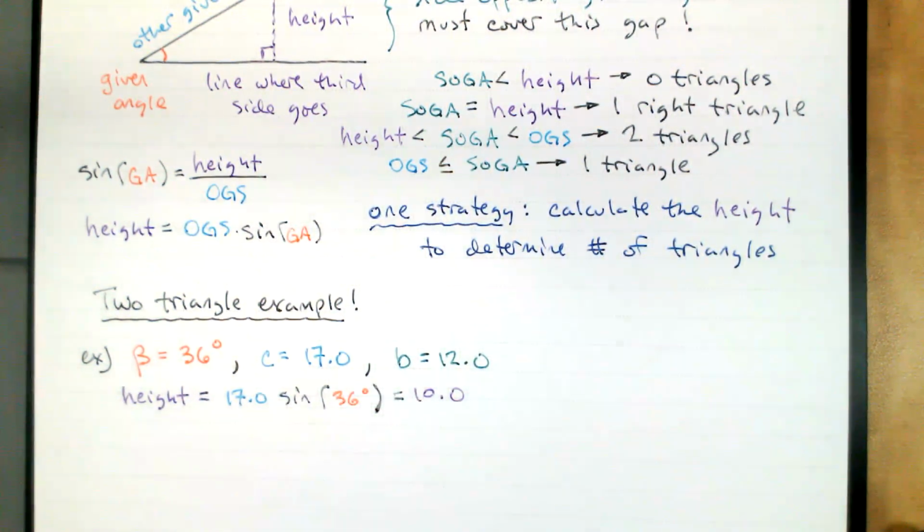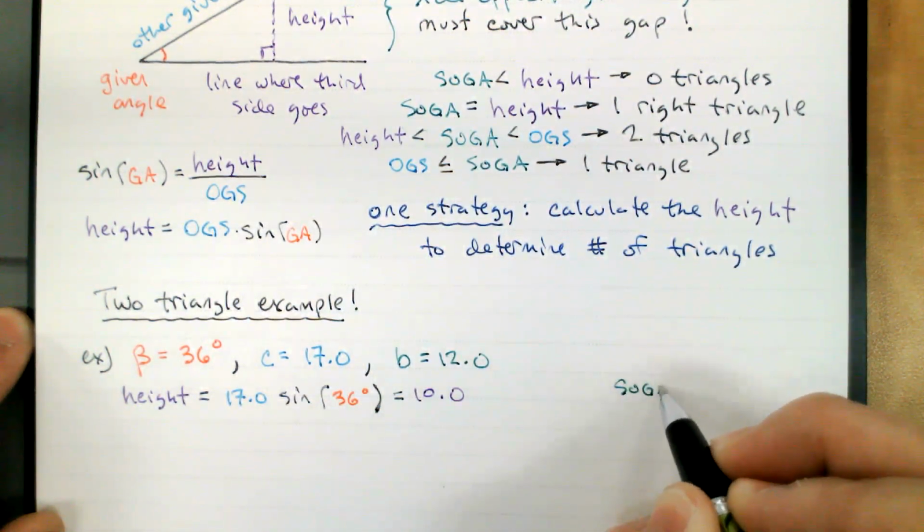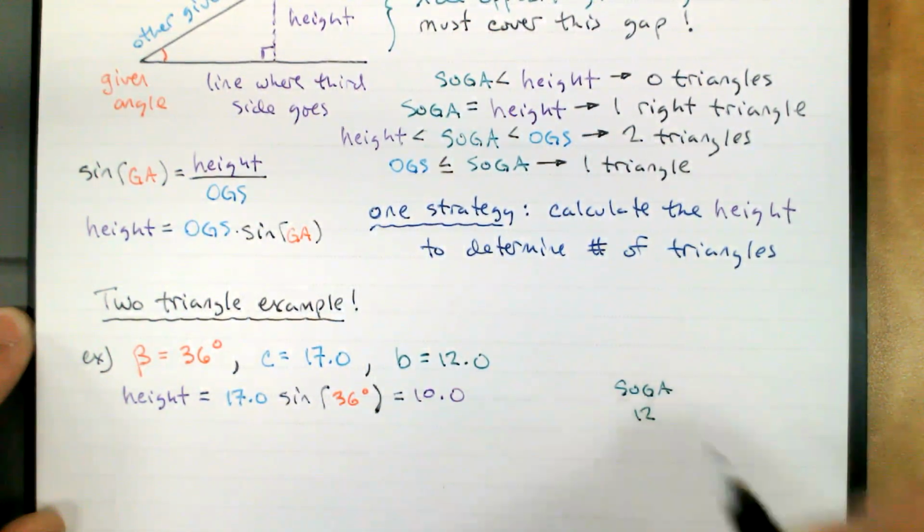So when we round this off to the nearest tenth, I get 10.0. So the side opposite the given angle is greater than the height, but less than the other given side. So two triangles. So B is 12.